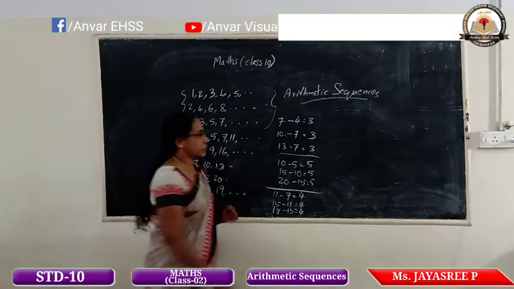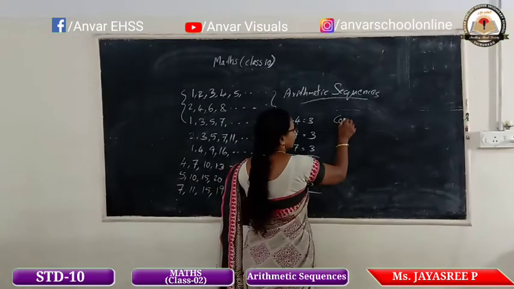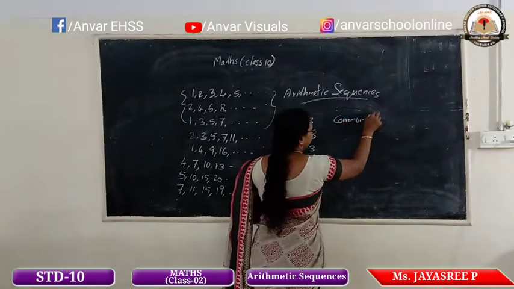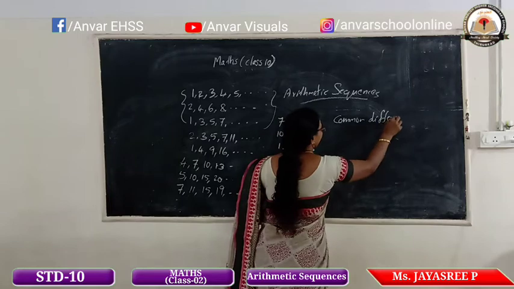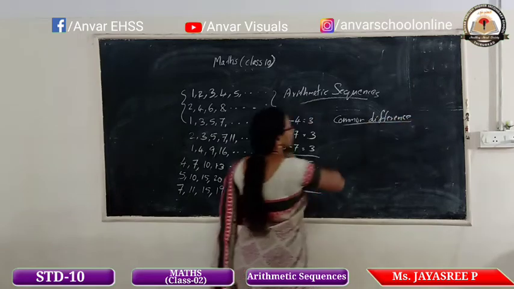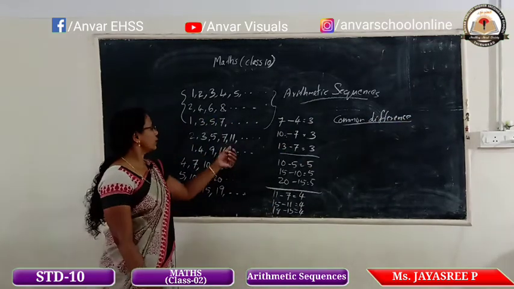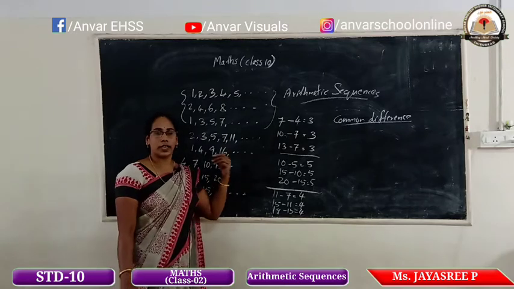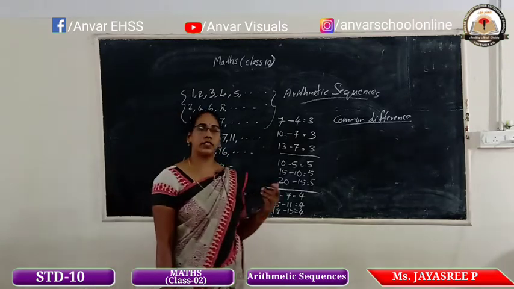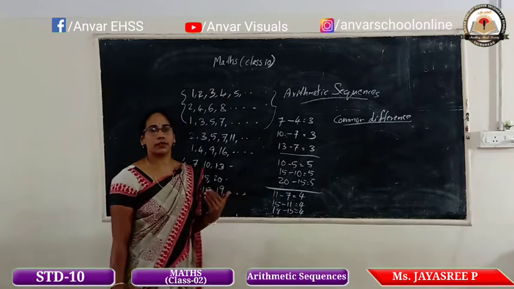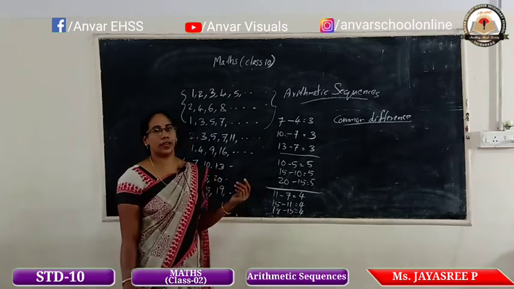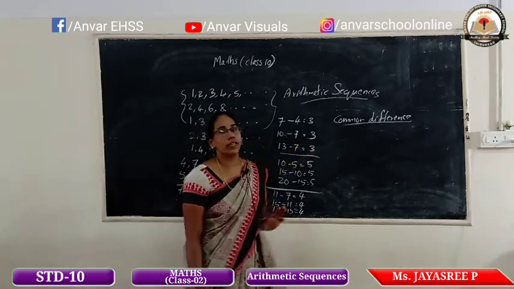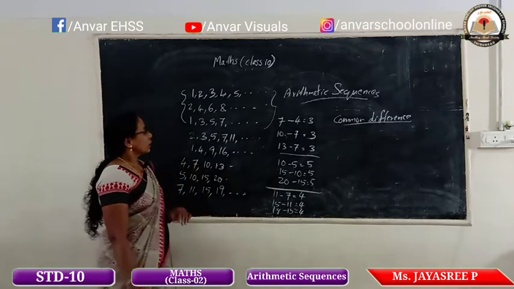That difference is known as the common difference. The difference between any two adjacent terms of an arithmetic sequence is the same, and that same number is known as the common difference of the arithmetic sequence.